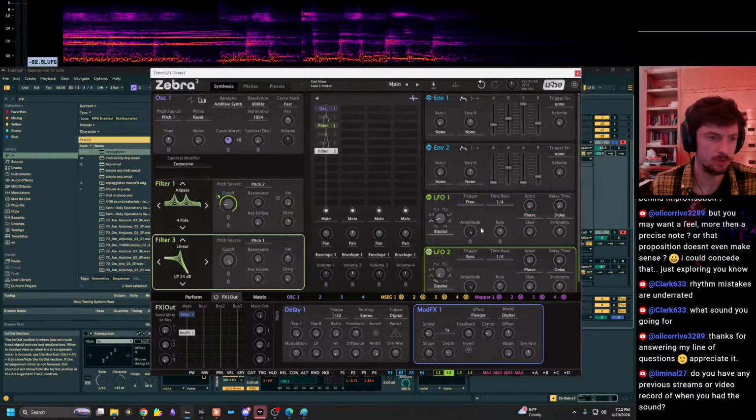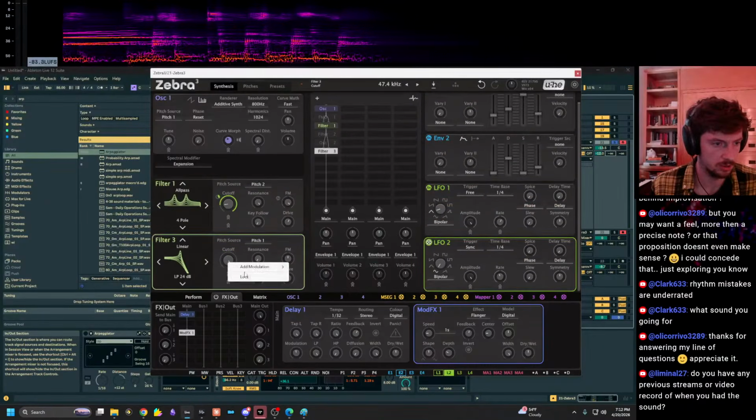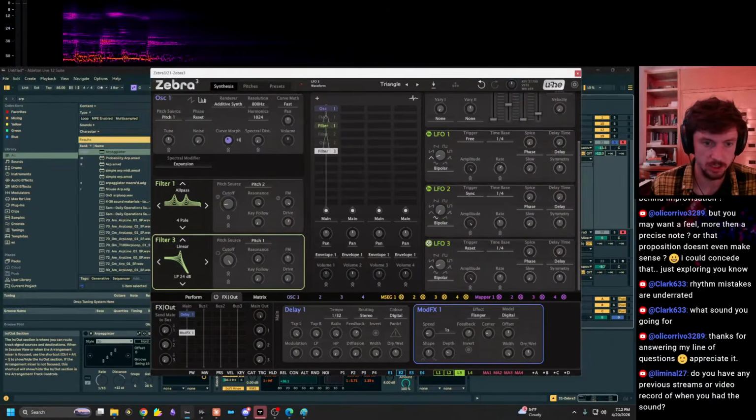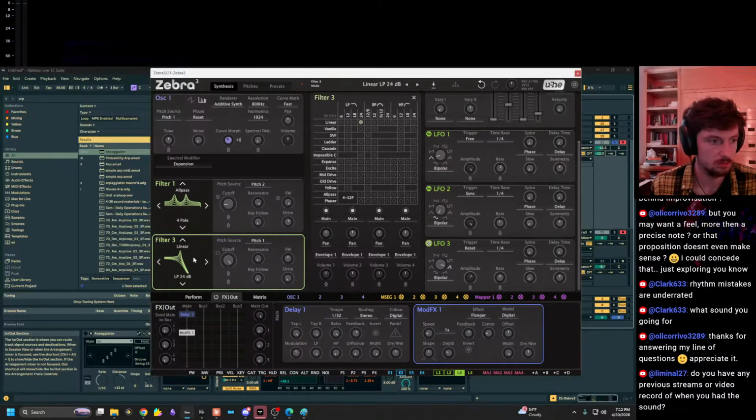Let's do another filter, and then add modulation, LFO 3. Also random U, bandpass.